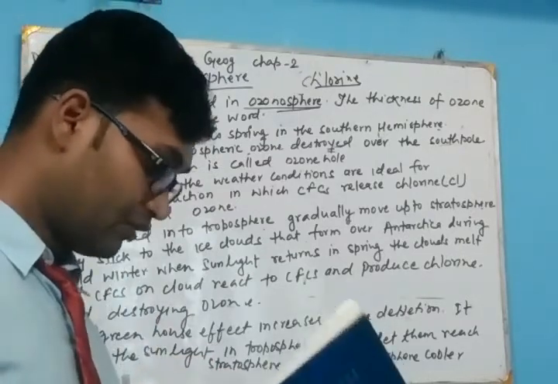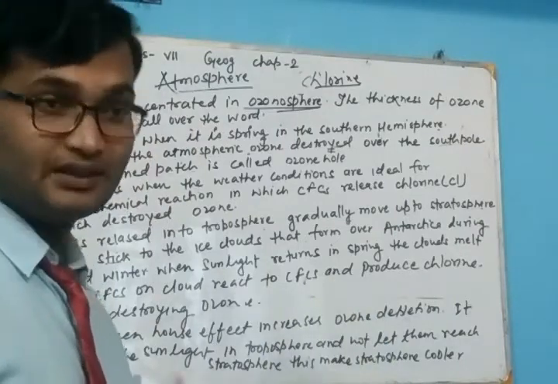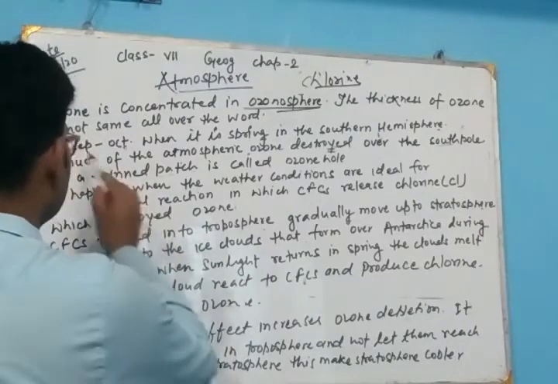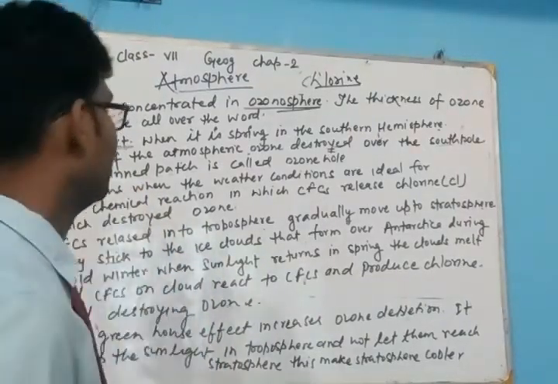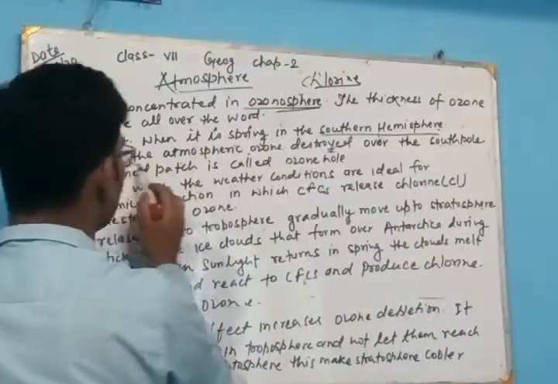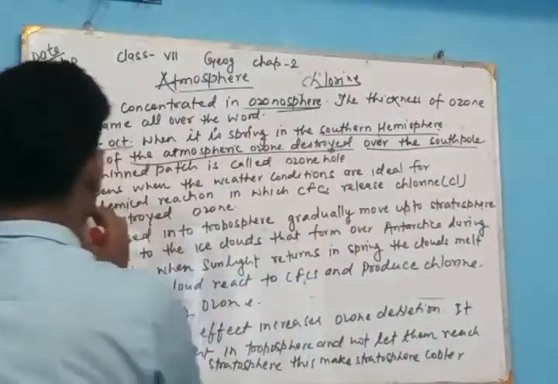Now, the thin patch: in September, October, when it is spring in the southern hemisphere, much of the atmospheric ozone is destroyed over the South Pole.